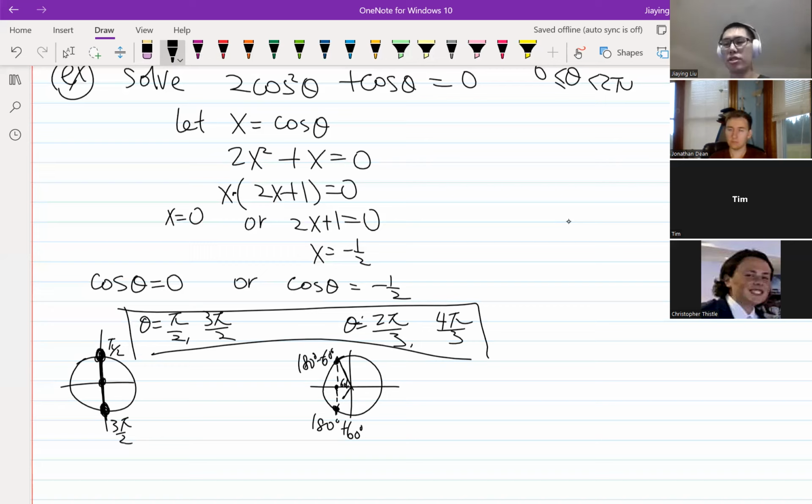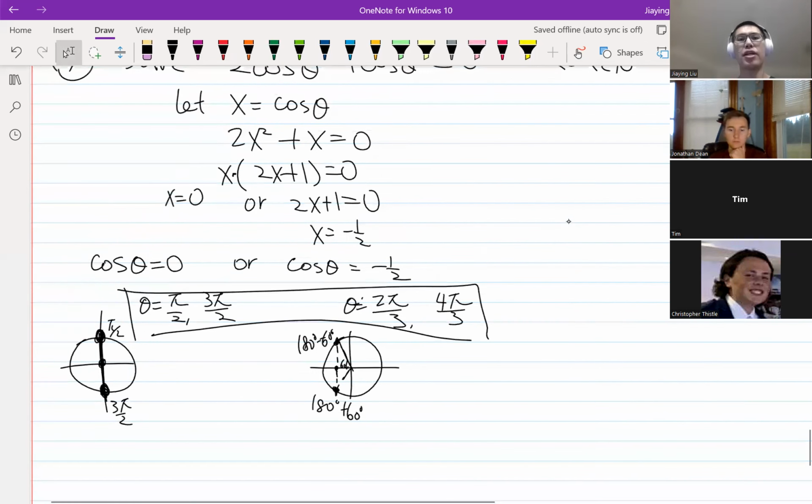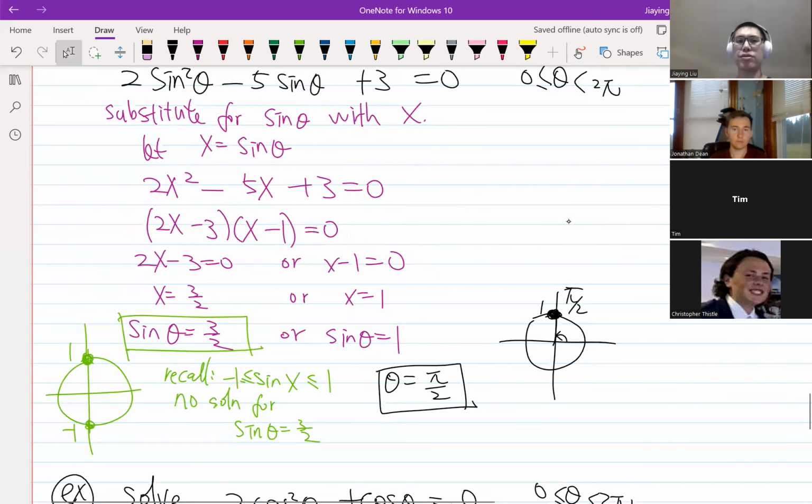All right, any questions on those? All right, then. If you don't have questions, let me go through another example. This example and the previous one are giving you an expression that looks like a quadratic equation. If you use substitution to convert it into a quadratic equation with x, we can solve for x. But remember, we're looking for theta at the end, right?